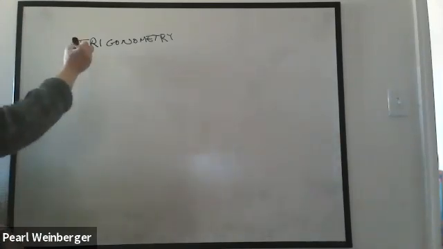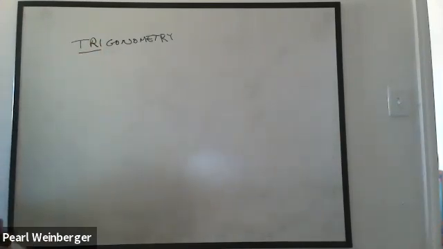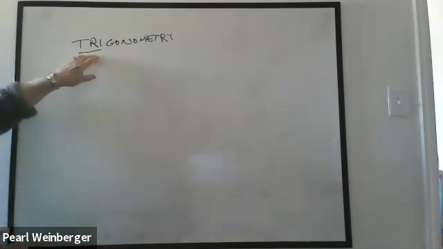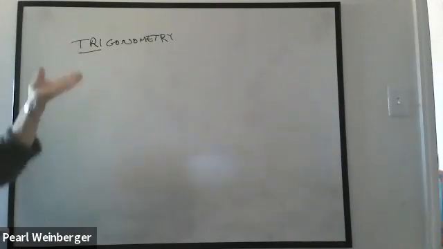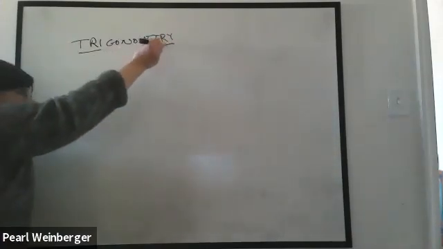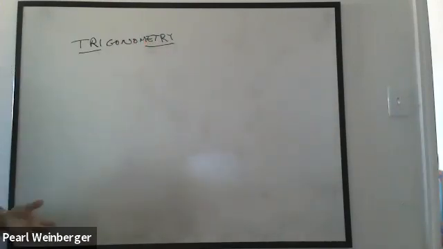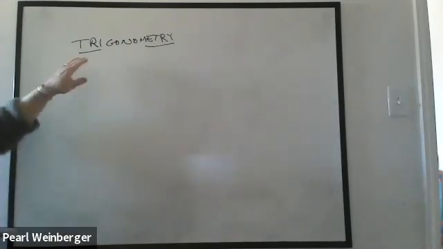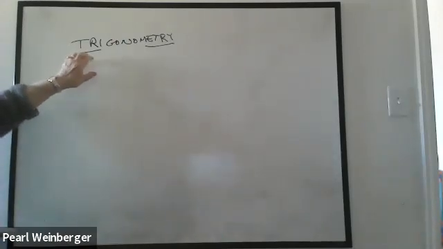Now, if you look at the word trigonometry, you will see that there is, first of all, a prefix saying tri having to do with 3. And then there's a suffix that says metri, which comes from the word meter or measure. So we're measuring something that's 3.